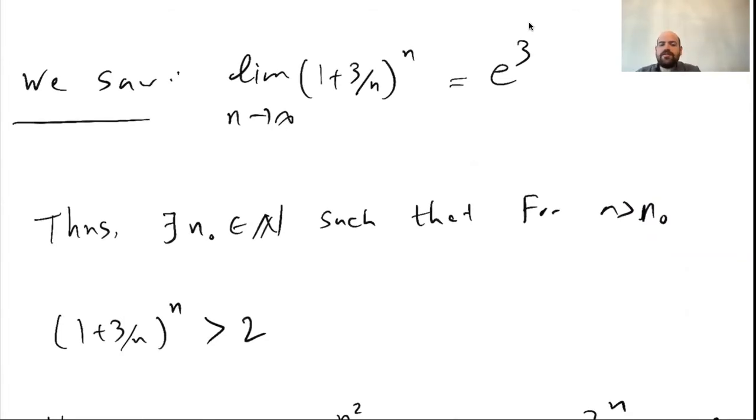So for large enough n, it will be bigger than 2, because it's going to get closer and closer to 20 ultimately. Why did I use 2? You could use 3, because if it's getting closer and closer to 20 ultimately, it will be bigger than 2 or 3 or 5 or 10 or even 19, right?